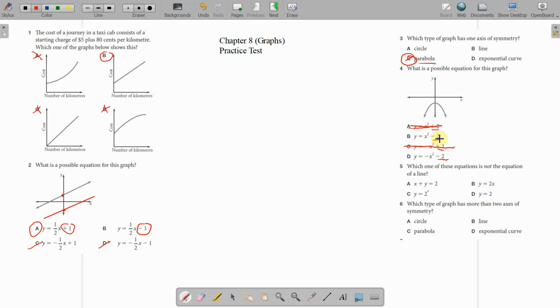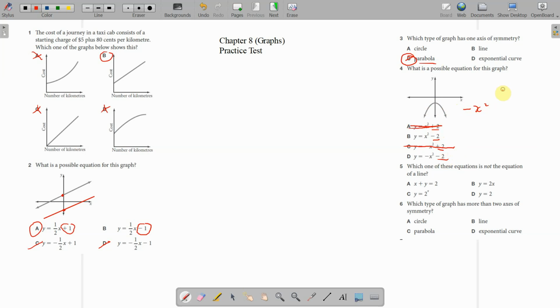y equals x squared minus 2, y equals minus x squared minus 2. Now the way you can tell is by looking at the shape of the graph, a bit of a frowny shape, like part of the M at McDonald's. That's concave down, and that's always going to be minus x squared something.